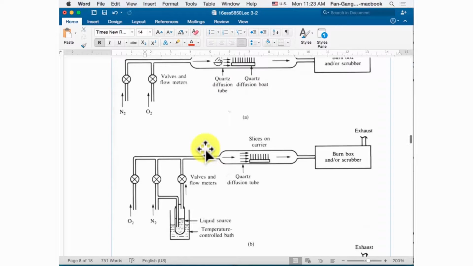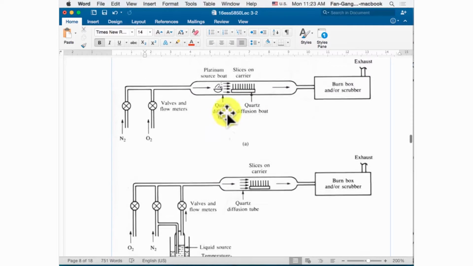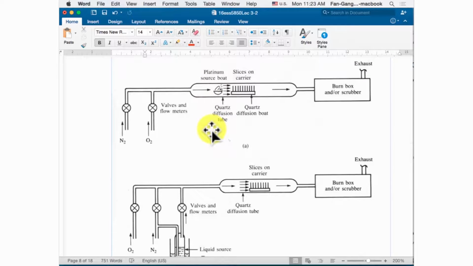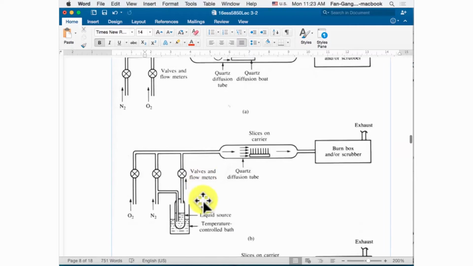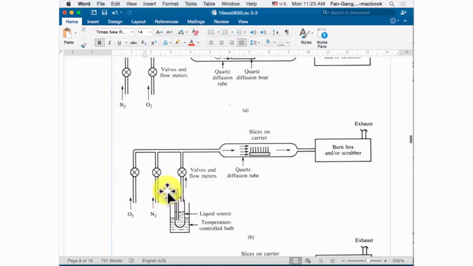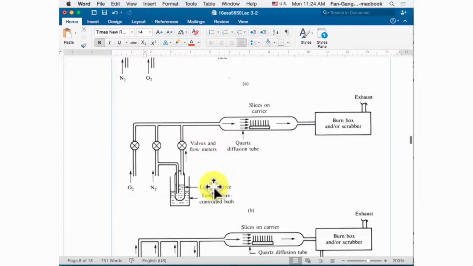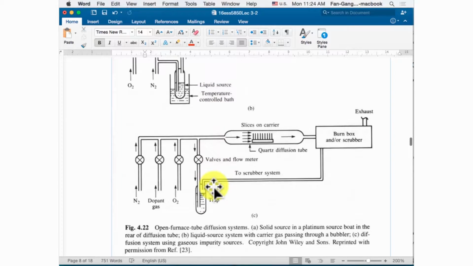So you need to remember: the first one is the solid type. The second one is the liquid type. For the liquid type, you need to use nitrogen gas to bring up the liquid vapor from the solution into the furnace. We still need to put some oxygen in to oxidize the surface, to stabilize the surface.